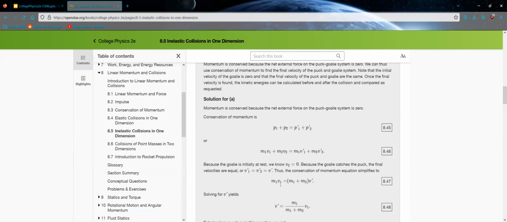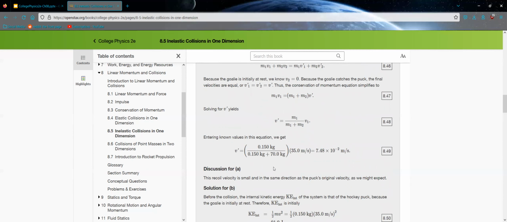So this equation here yields all the relevant information. I need to know the mass and velocity of the puck, essentially, because I need to know the momentum of the puck, P1. Momentum of the goalie is 0 because he's not moving. And the final momentum is given by the mass of the two times the unknown third velocity.